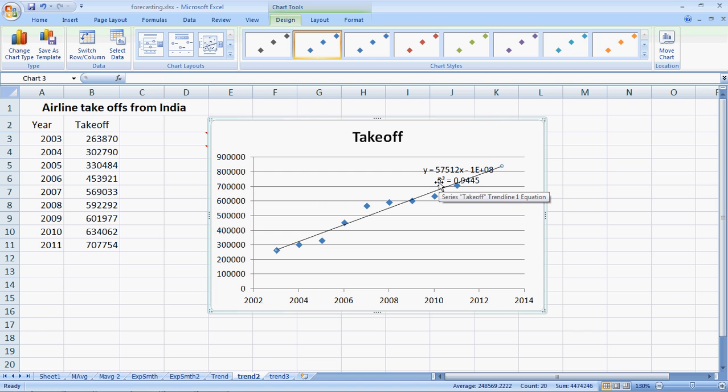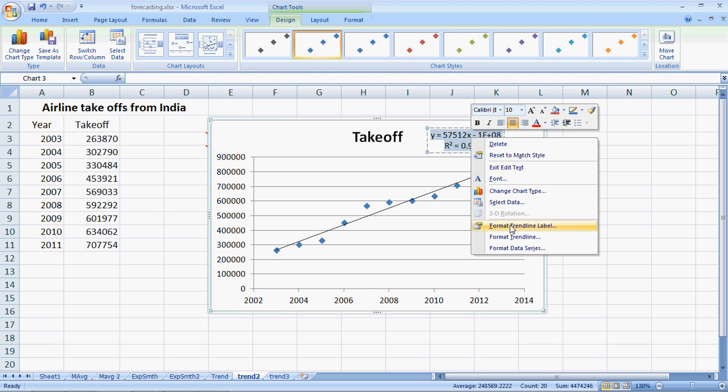Here is the equation for us. Let me take it here so that it's easily visible. Okay, so the equation is y is equal to 57,512x minus e something. Let me make it easier for you. I select this data, go here, format trendline label.